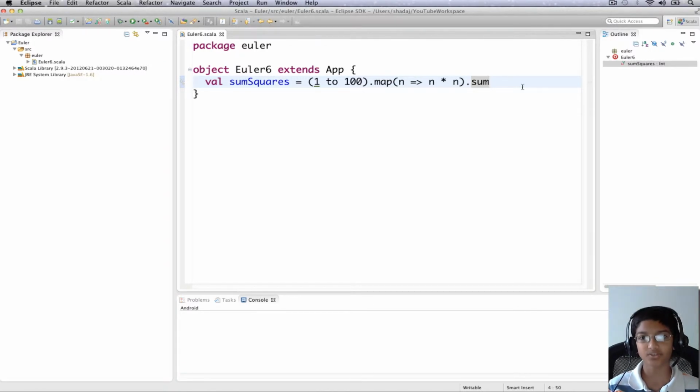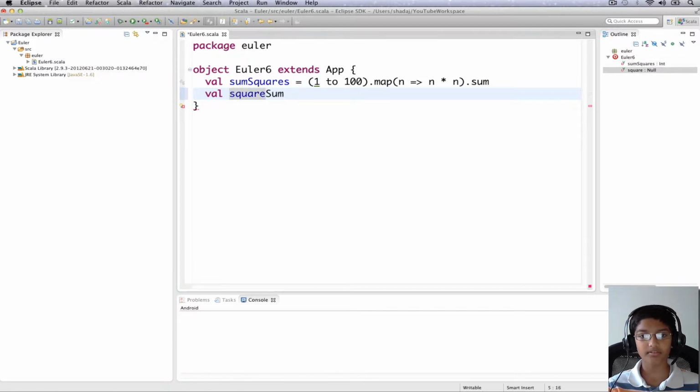Now let's find the square of the sum. So val squareSum. To find the square of the sum, we're first going to calculate the sum of all of these numbers. So I'm going to have val sum, and it's going to be equal to our first 100 natural numbers, 1 to 100, and we can just do .sum.